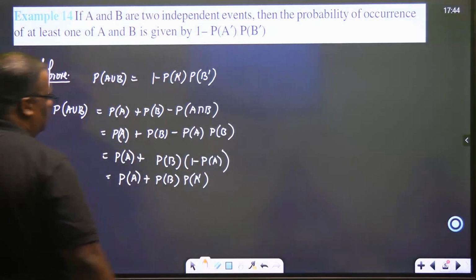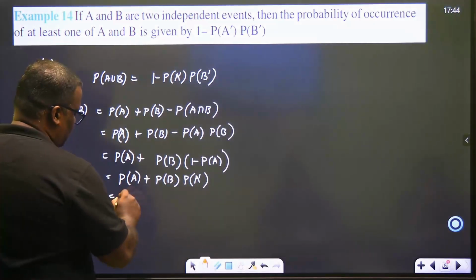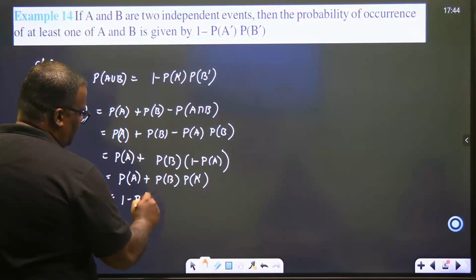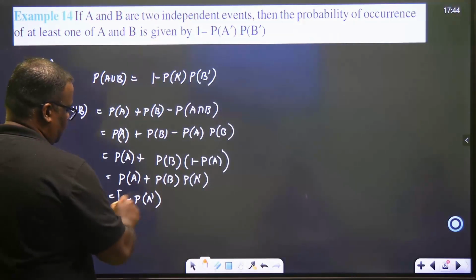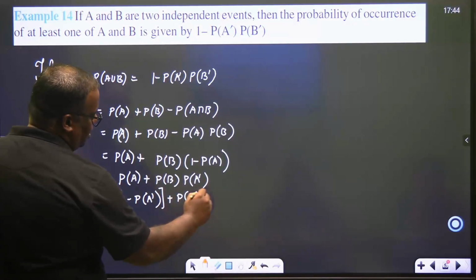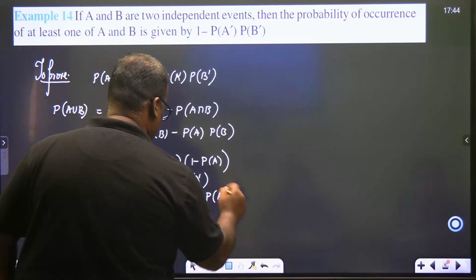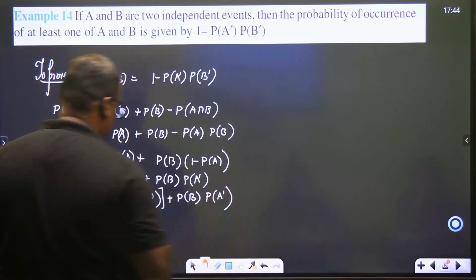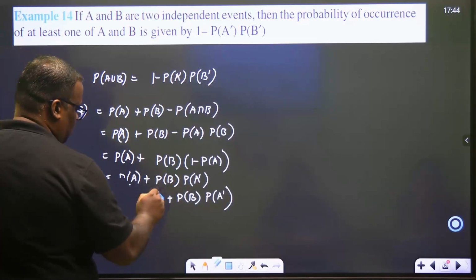Right. Now split this one. This can be written as 1 minus P of A complement. Agreed? P of B and P of A complement. Don't put this bracket, then the whole fun will go away.